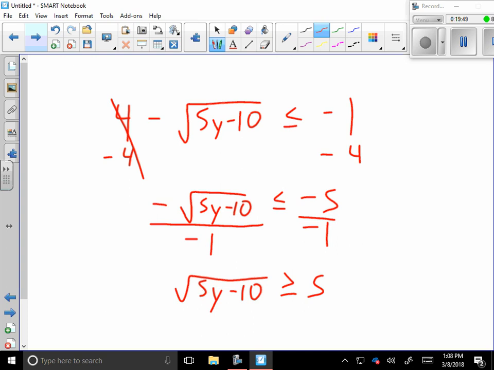Then we can square both sides. 5y minus 10 is 25. I'll go over here. Not equal, greater than or equal. Add the 10.